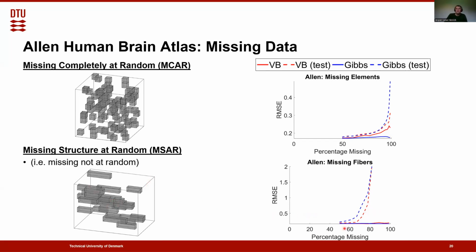At least from what we've seen, we recover our test data better using variational Bayes than Gibbs sampling. Whether this is true in general or not is less clear, but at least that's where our results have pointed us. So that's also a reason we use VB a lot.